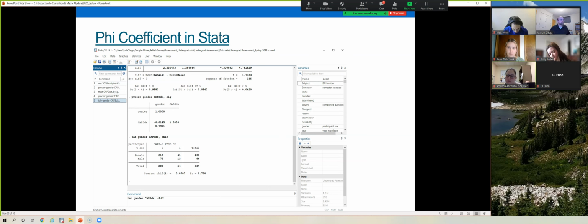The dichotomous X and the continuous Y, we call that a point biserial, and the dichotomous X and dichotomous Y, we call that a phi coefficient. But mathematically, they're interchangeable. Point biserial is interchangeable with an independent samples t-test, and phi coefficient is interchangeable with a 2 by 2 chi-square. So basically, anytime we're wanting to look at any combination of dichotomous and continuous variables, this is the stuff that we're using.